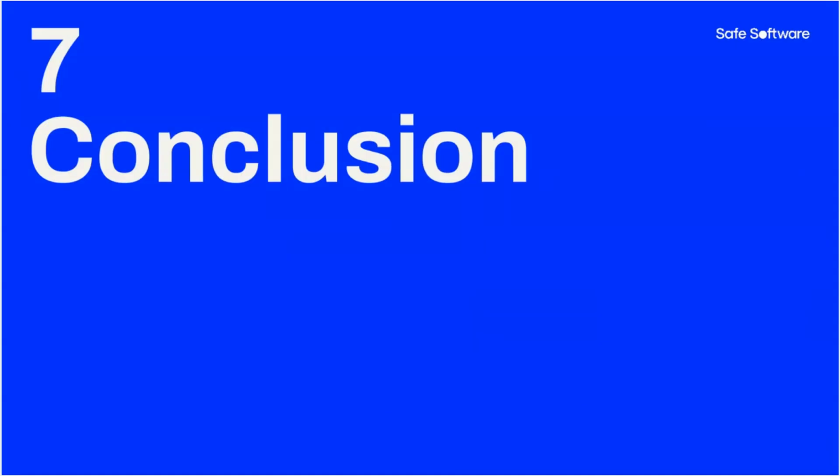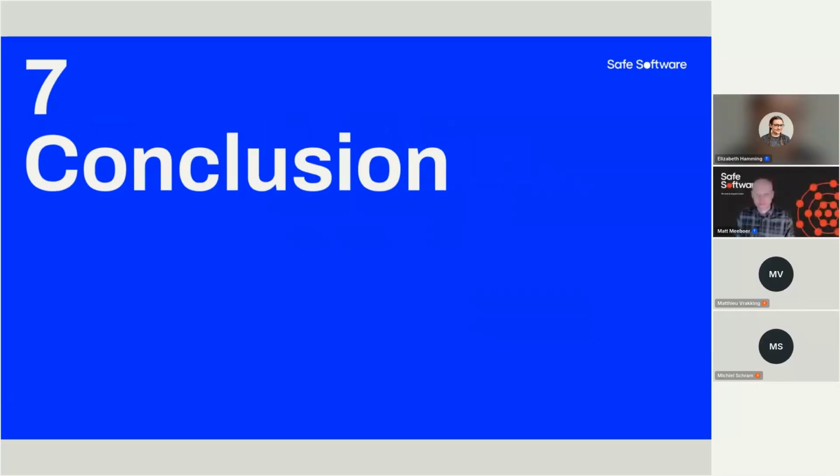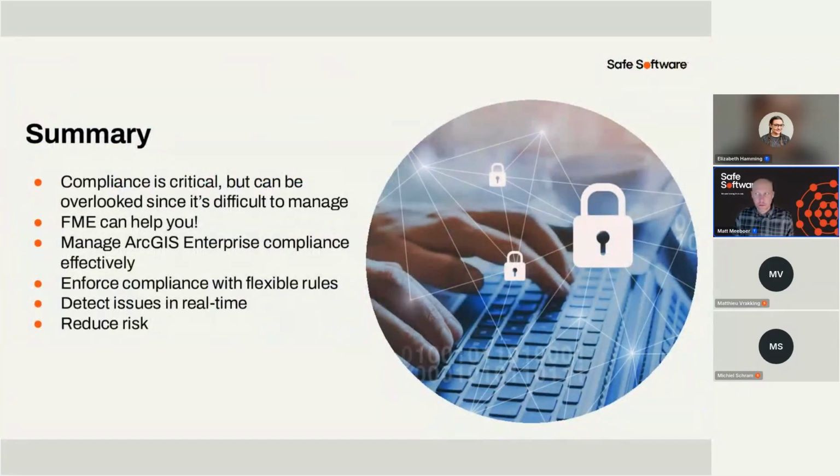From here, I will pass things over to Matt to go through our conclusion. Great. Thank you again, Rick, Mikkel, and Matthew. So in summary, compliance is critical, but can be overlooked since it's difficult to manage on your own.